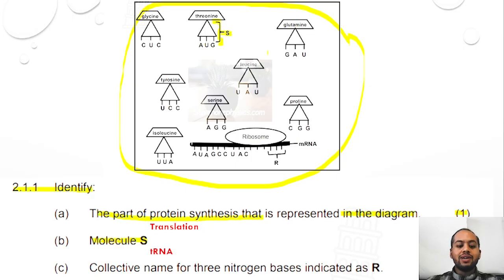It's going to be our tRNA molecule. Then the collective name for 3 nitrogenous bases indicated as R for 1 mark. So if we look at R, the collective name for the 3 nitrogenous bases on the mRNA strand is going to be referred to as the codon.